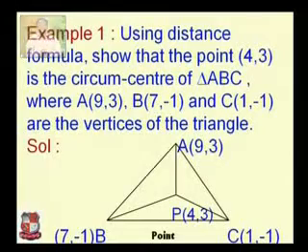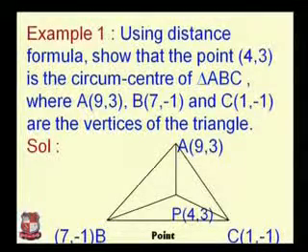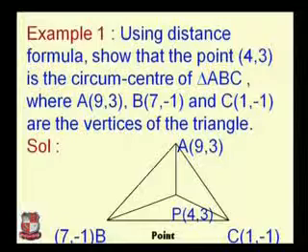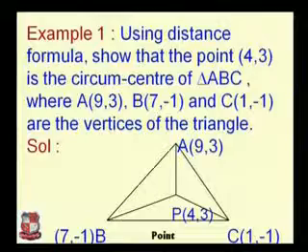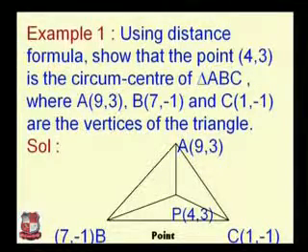Now let us see the examples one by one. Using distance formula, show that the point (4, 3) is the circumcenter of triangle ABC, where 3 vertices of the triangle are given: A (9, 3), B (7, -1), and C (1, -1) are the vertices of the triangle.